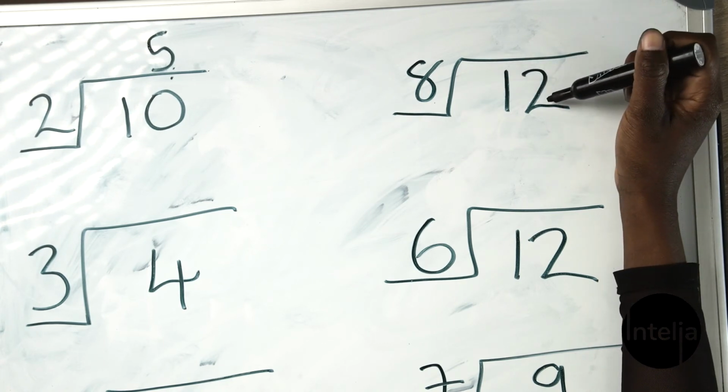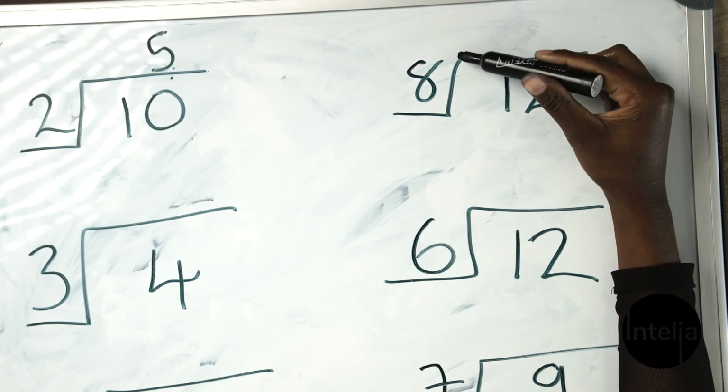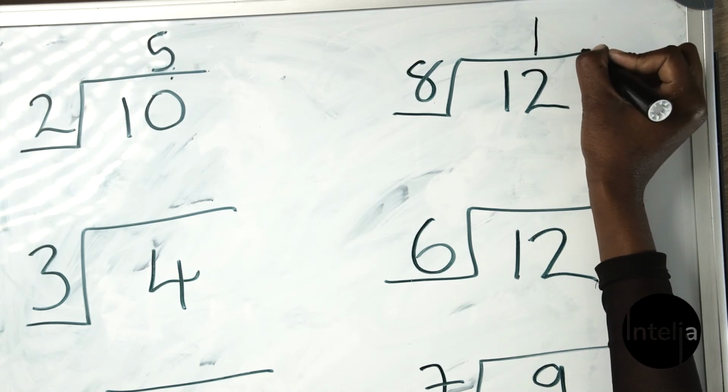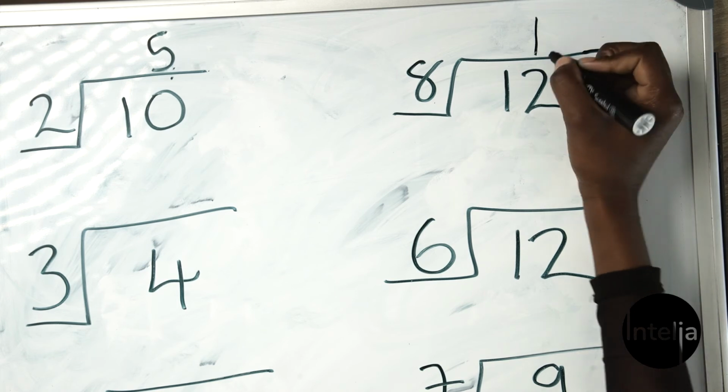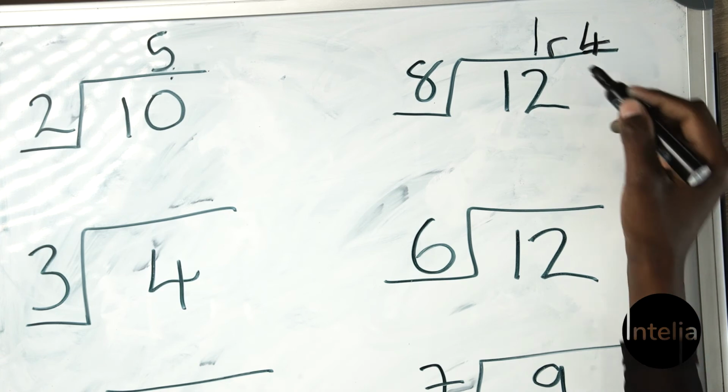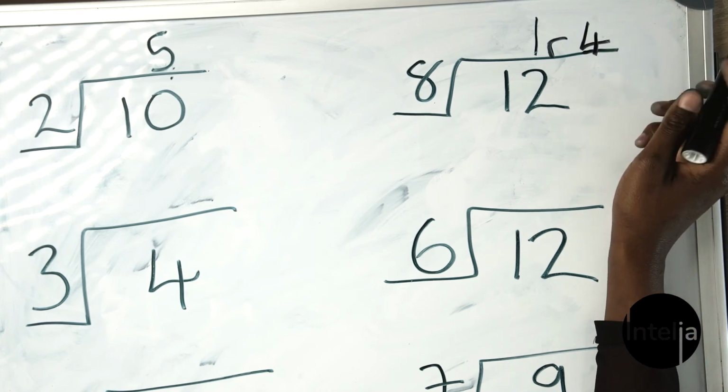8 divided by 12. How many times does an 8 goes into 12? 1. How many remainders? That's 4. You write a remainder like this one, like this.